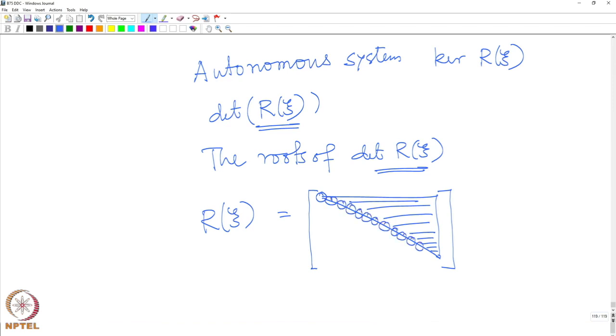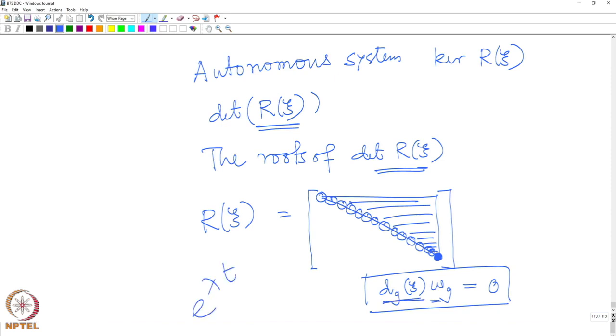Why are they important? Look at the standalone equation, the last equation. Suppose this entry was some d_g(ξ) acting on w_g equal to 0. What are the solutions? The solutions are given by the roots, e to the power λt, where λ is a root of d_g(ξ).